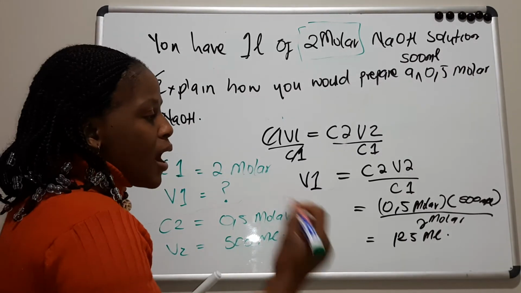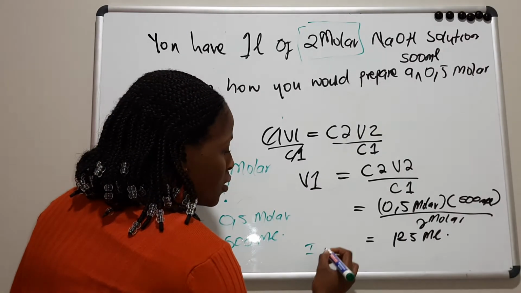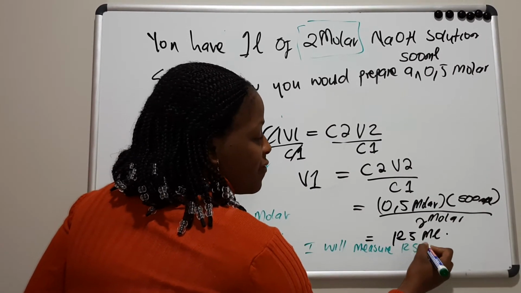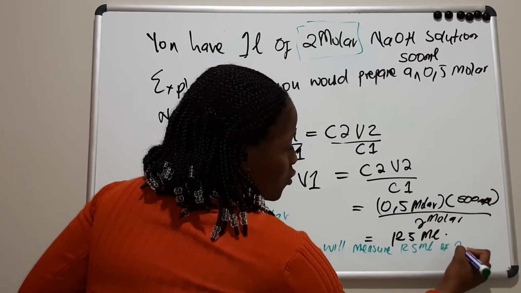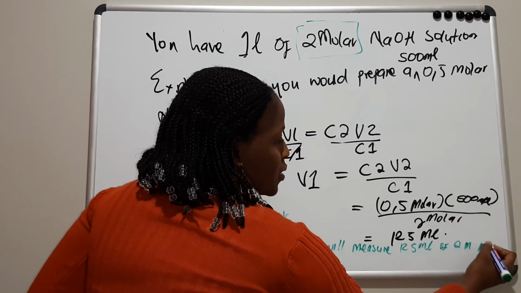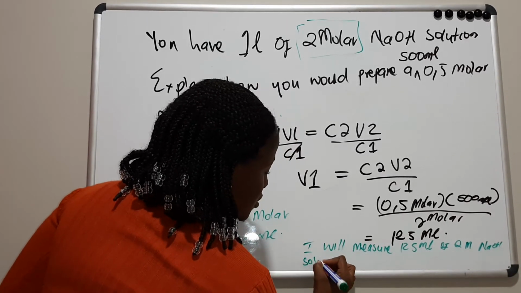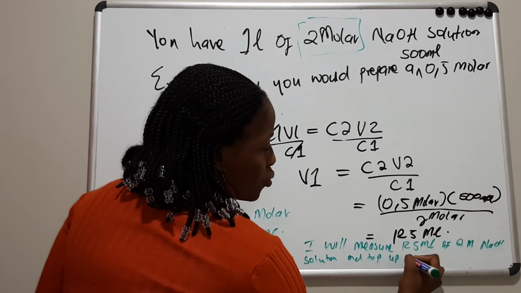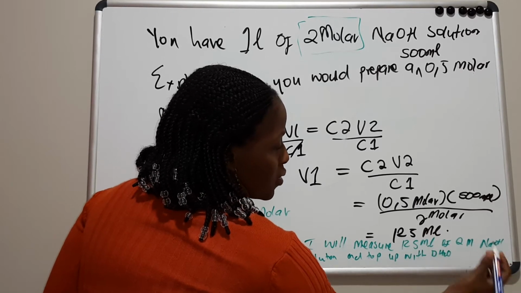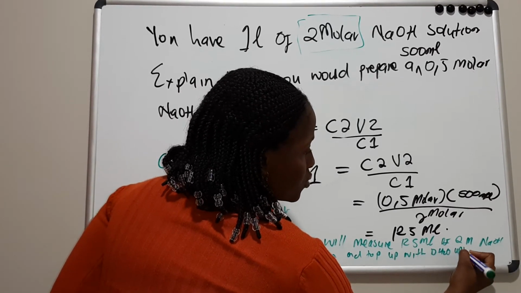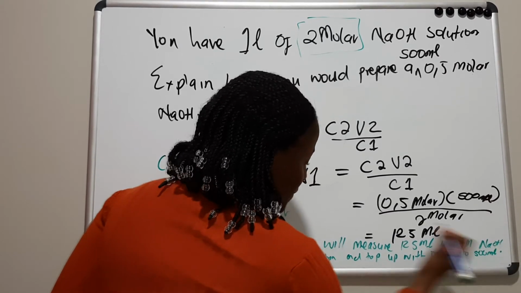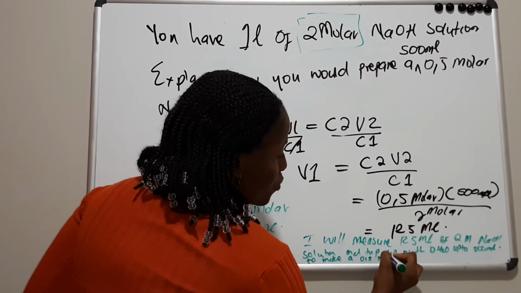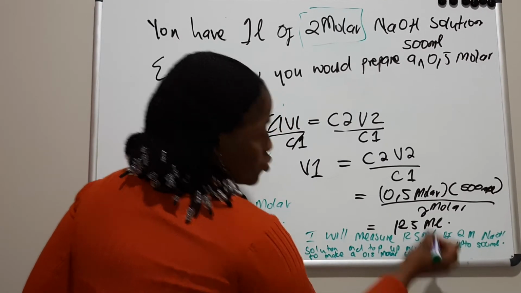You can just say, I will measure 125 ml of a 2 molar sodium hydroxide solution and top it up with distilled water up to 500 mils to make a 0.5 molar solution.